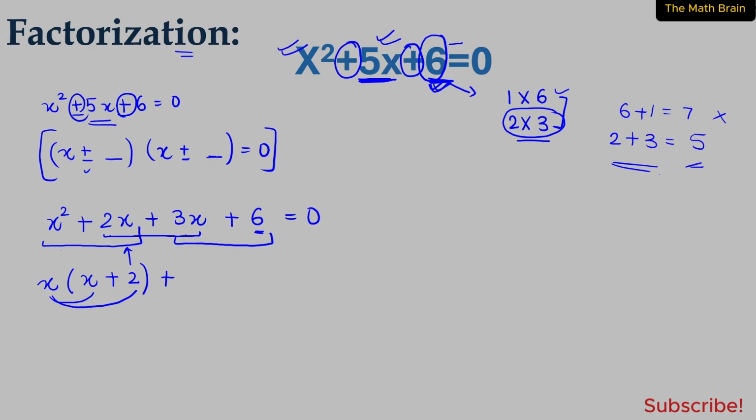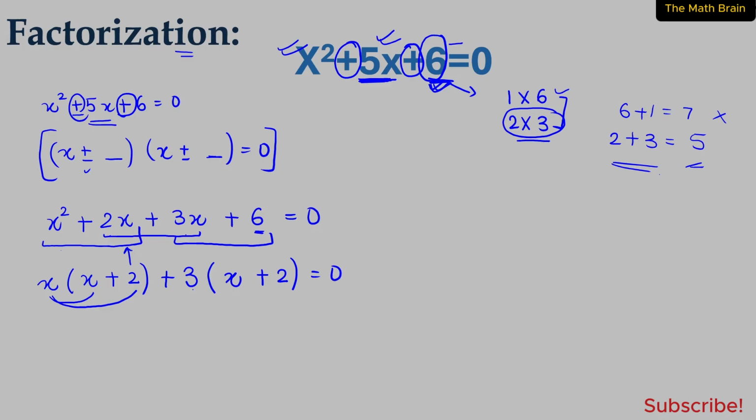And here we are going to take 3 common, so that in the bracket we get x plus 2, because 3 into 2 is 6.